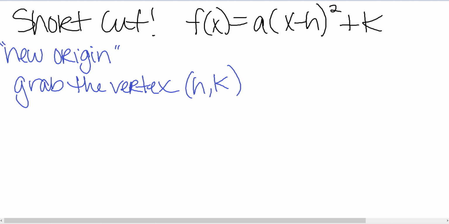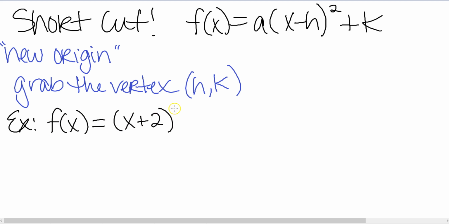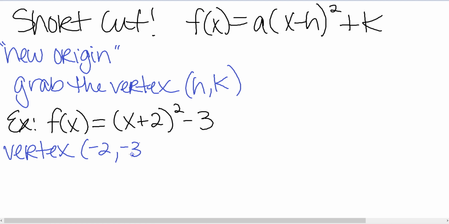So let me show you what I mean. So let's say we have f of x equals x plus 2 squared minus 3. So the first step would be to get the new origin or grab the vertex. So the vertex of this function, change the h, -2, keep the k, -3.